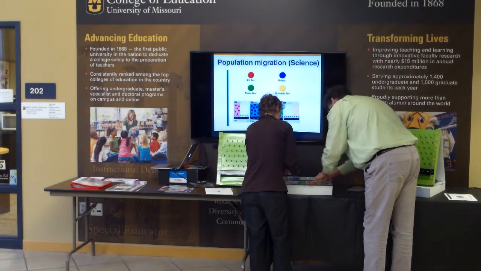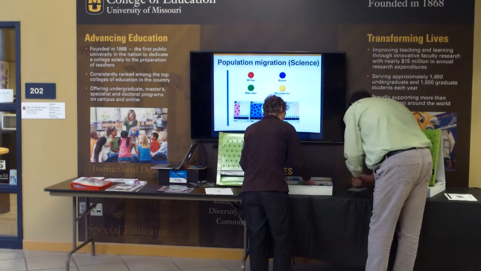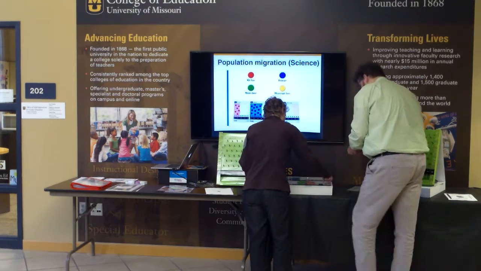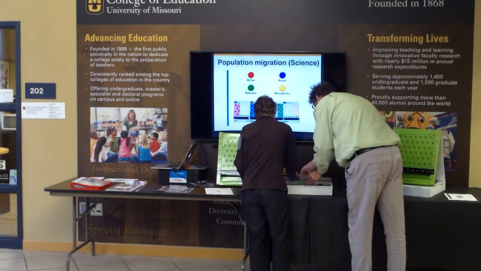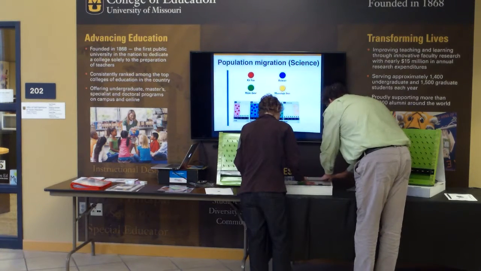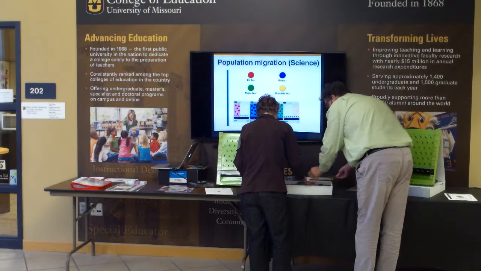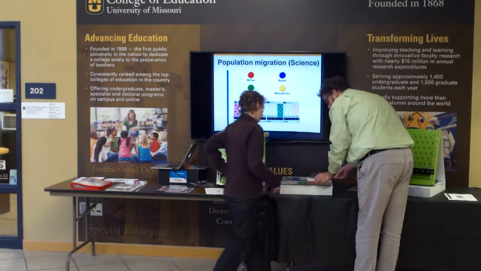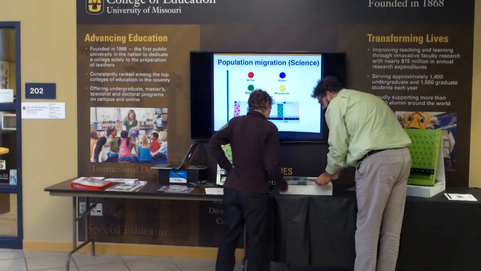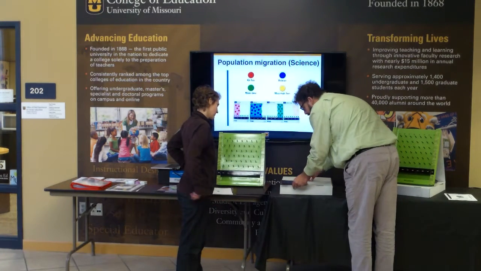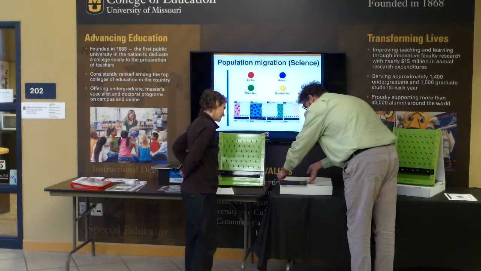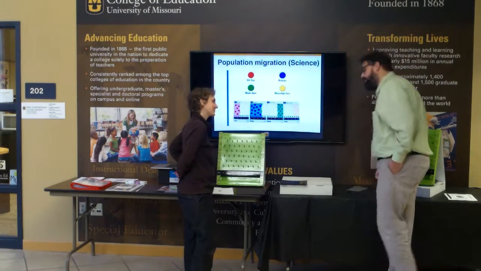So this is a low-tech, non-digital simulation of migration patterns of animals. So if we put these chips on their respective spot, and then we overlay the maps, we'll actually see how these 4 animals travel together or not with each other.